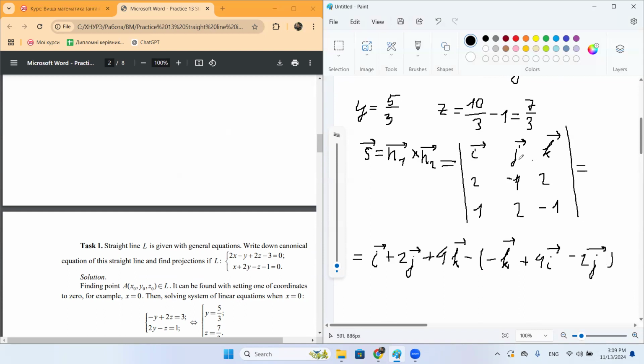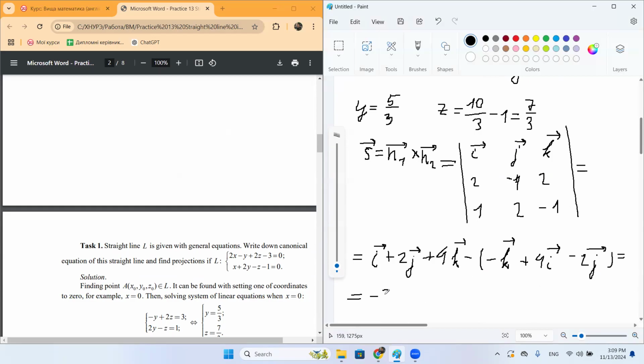Let's double check. So i plus 2j plus 4k and minus, before brackets, minus k plus 4i minus 2j.